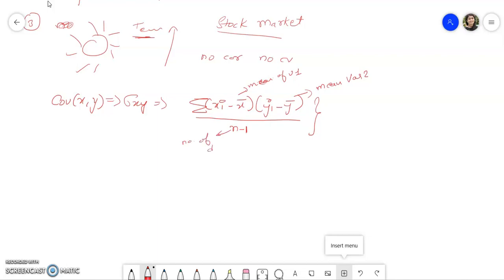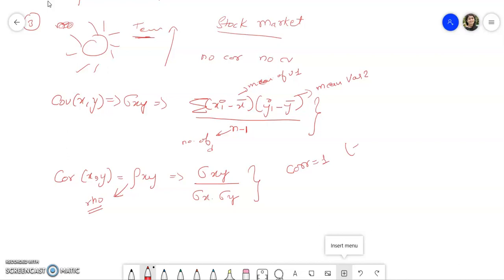Then the formula for correlation: correlation of x comma y is represented by rho of xy. It is called rho, and it is represented by covariance of xy upon standard deviation of x into standard deviation of y. So this is the formula to calculate the correlation. Also, I would like to give some extra information: if correlation is equal to 1, it means it is positively correlated.